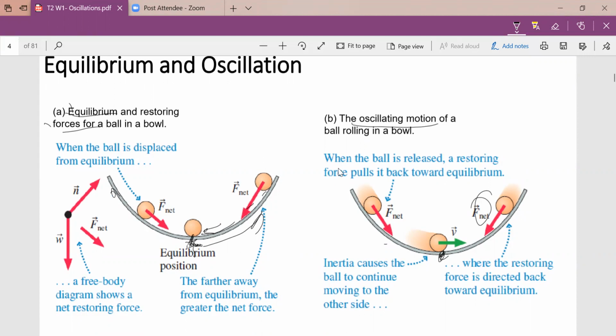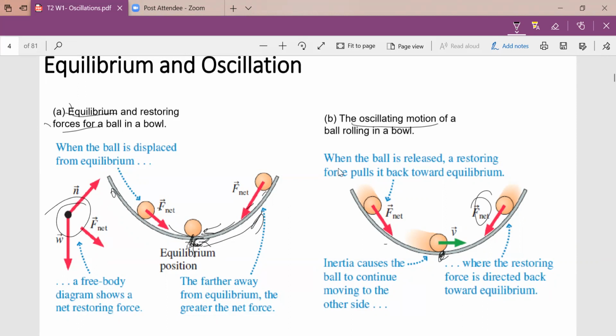And then the net force tends also to pull it back to this position. And when it gets to the equilibrium point again, the inertial force takes it further. All right, so this tends to repeat itself. This will not stop until an external force is acted on that ball to bring it to a stop.